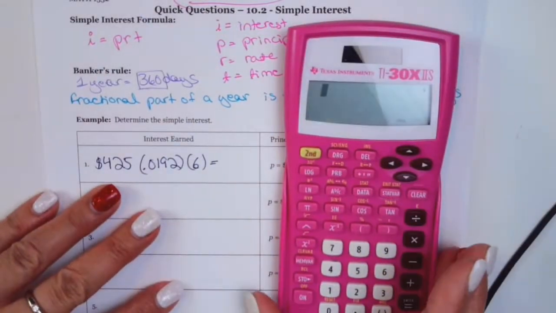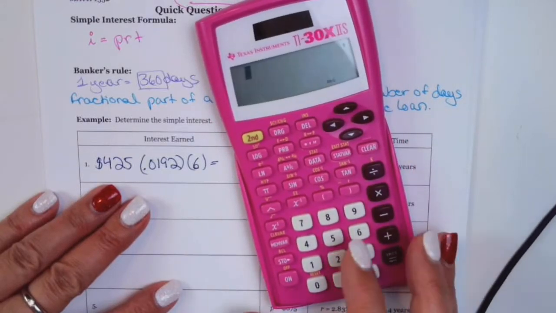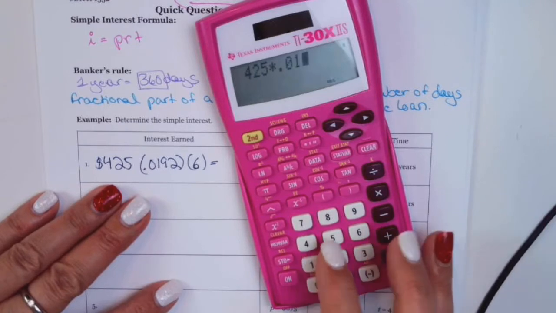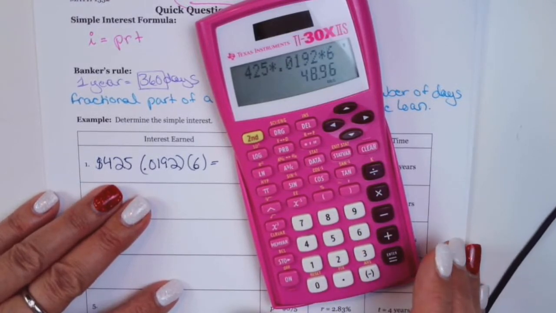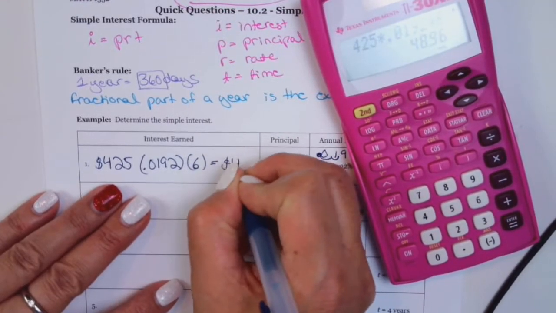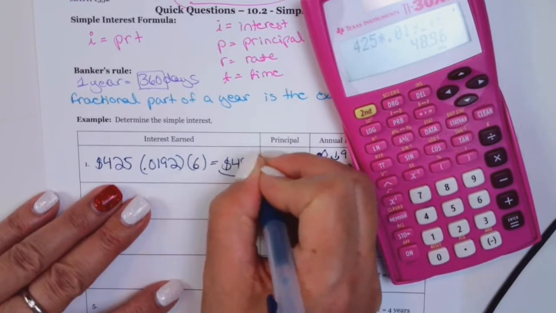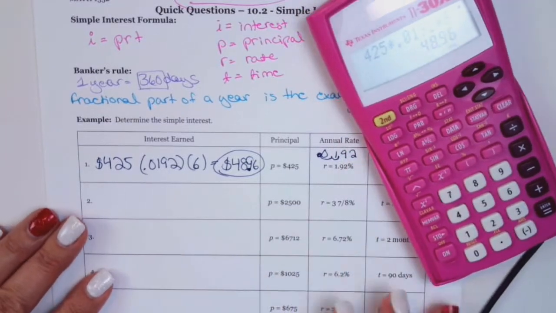You've got to put it in the calculator. So 425 times 0.0192 times 6 equals $48.96. And that is the interest earned.